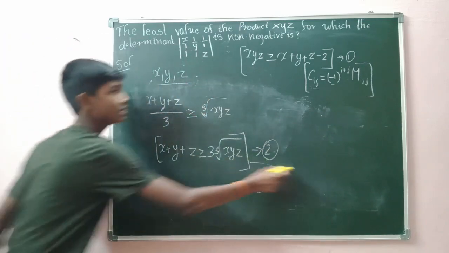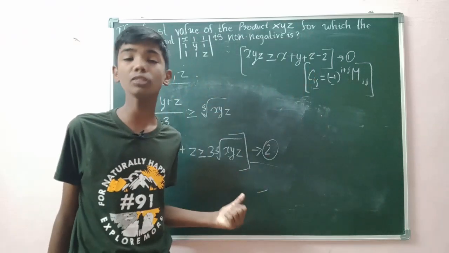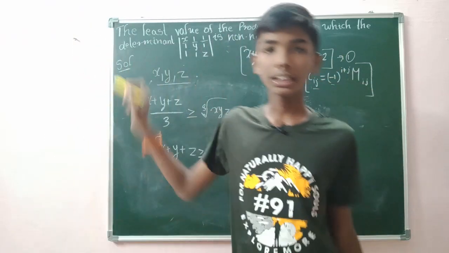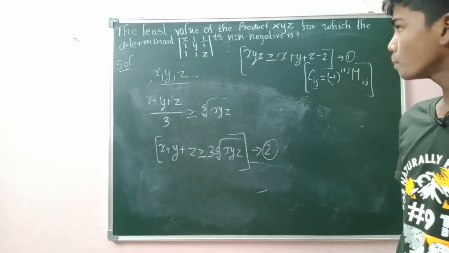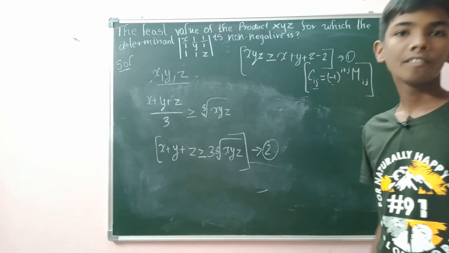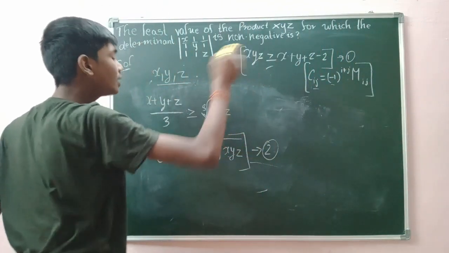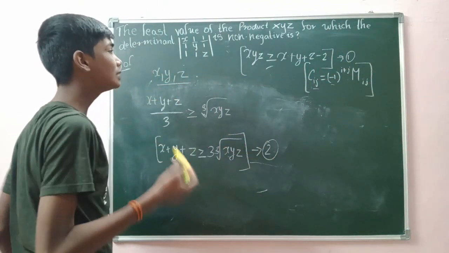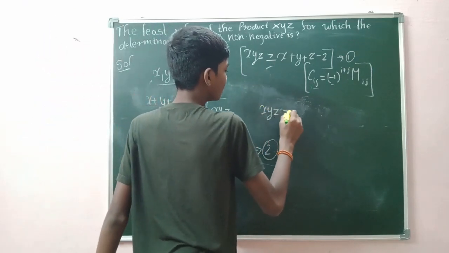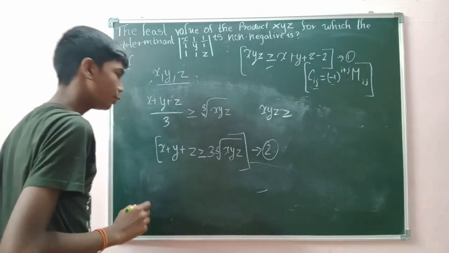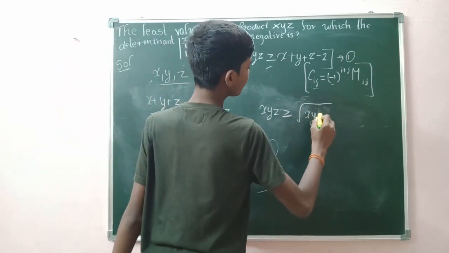Okay. So we are having equation 1, and keep this as equation 2. Just compare these two equations. Please understand. When you compare your equation 1 and equation 2, what you would say is your xyz will always be greater than or equal to the cube root of xyz.